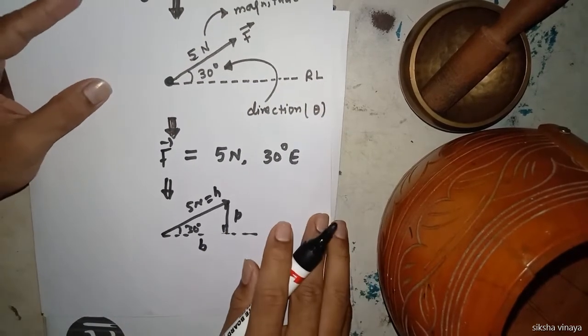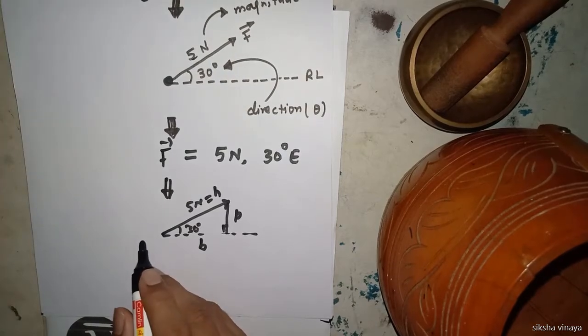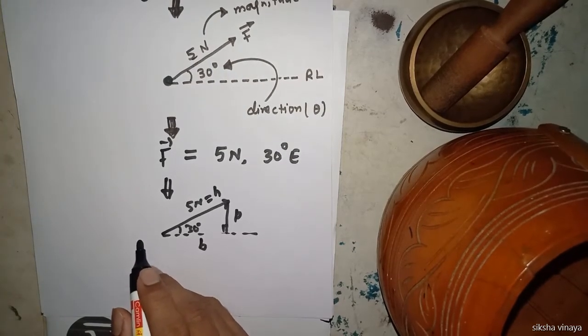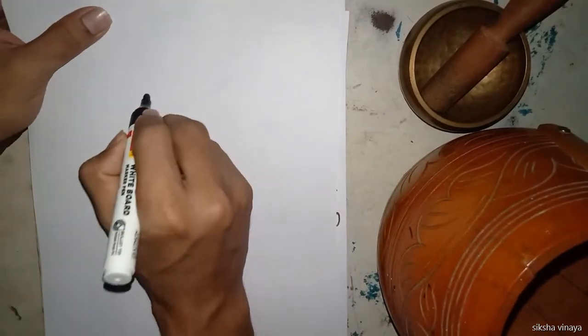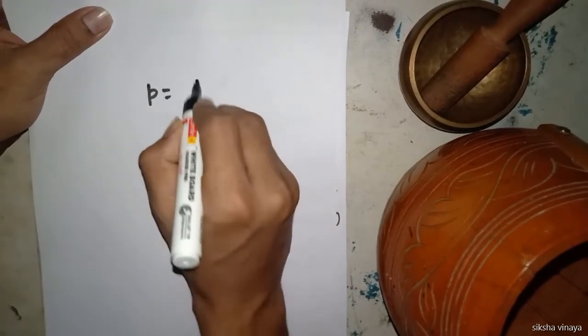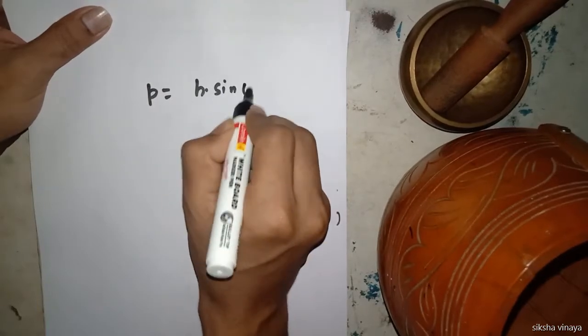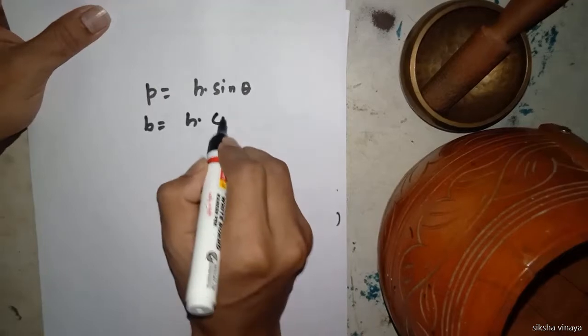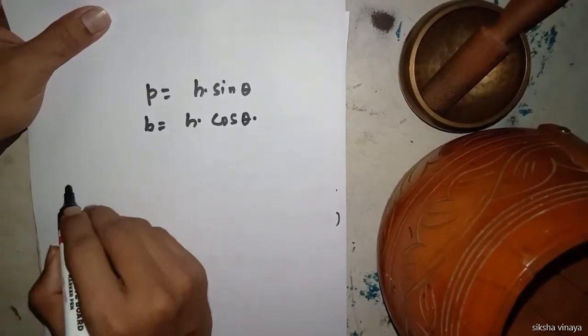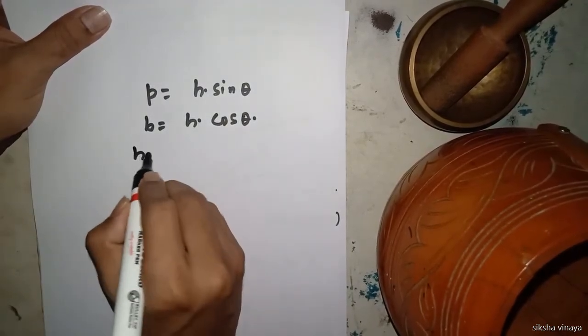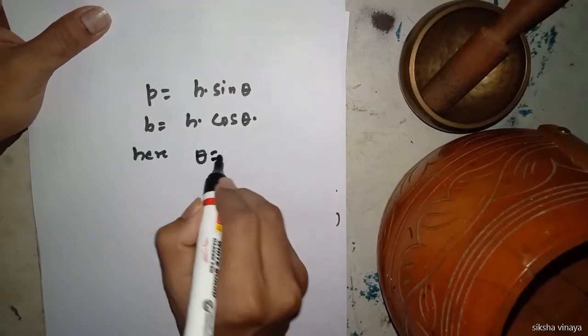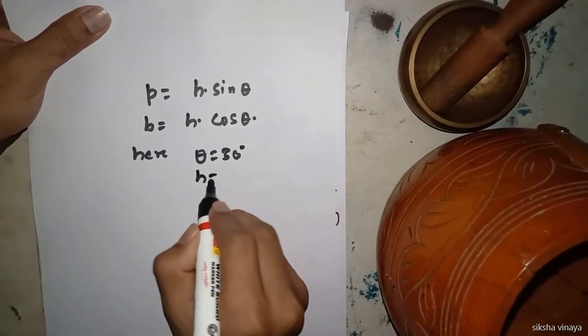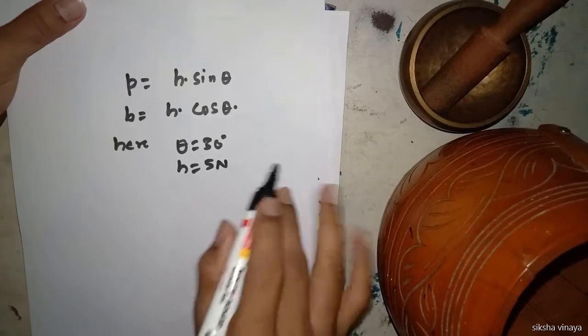Yes, of course, you can find out. How? I have told you that P is equal to H into sine theta, and B is equal to H into cos theta. Here theta is equal to 30 degrees, H equal to 5 Newton.